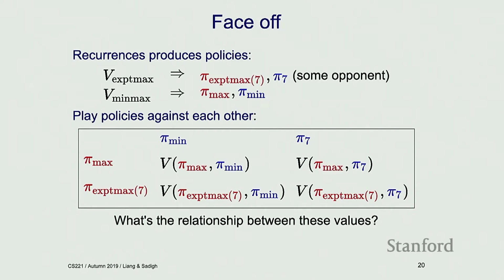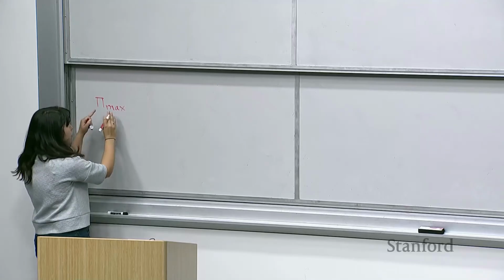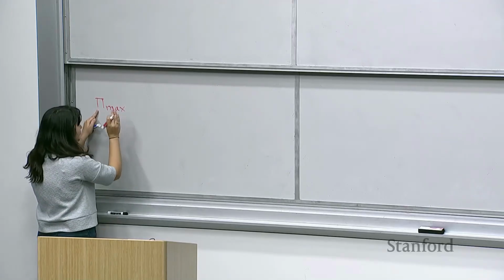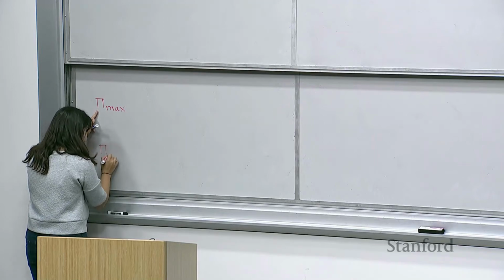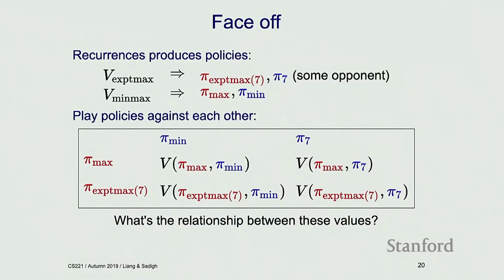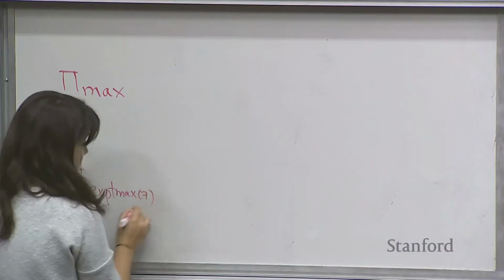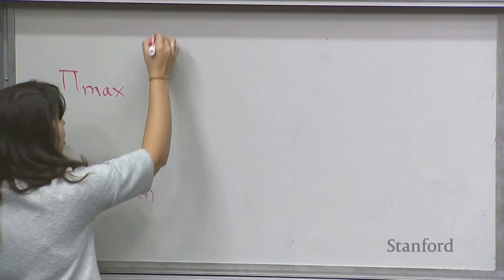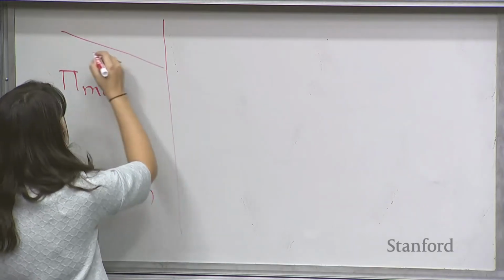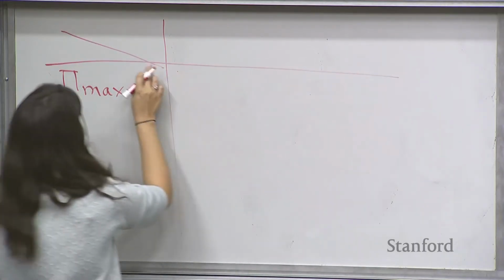Okay. So for the agent, we're going to have pi max. Right? An agent could play pi max. What does that mean again? I'm going to maximize, assuming you're going to minimize. An agent could play pi Expectimax, maybe with policy 7. I'm going to put 7 here, which means I'm going to maximize, assuming you're going to follow this pi 7. So this is a thing that the agent can do.